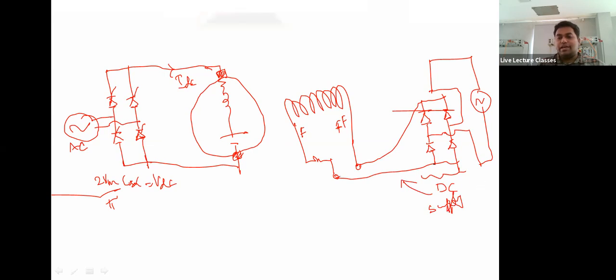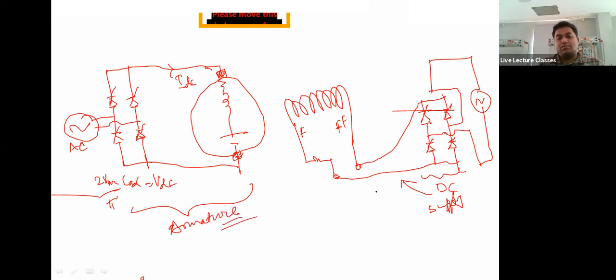This is the bridge, and it can be uncontrolled, semi-controlled, or fully controlled also. But which one will be cheap if you want to go for only armature side control? To have an uncontrolled rectifier on this part.